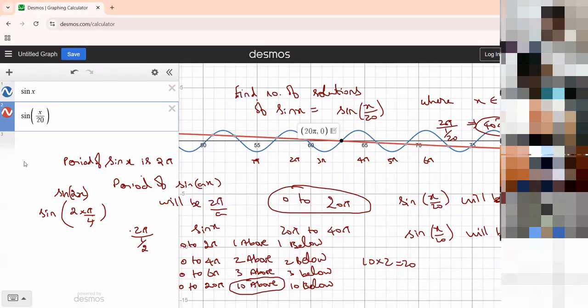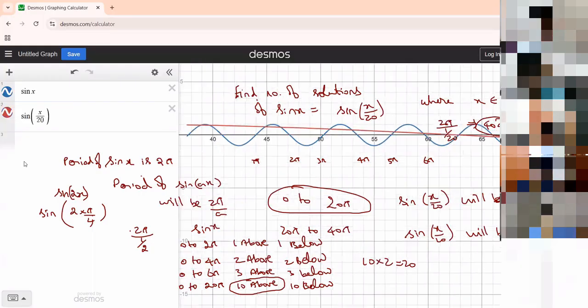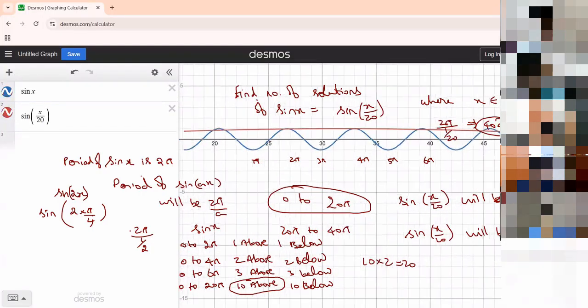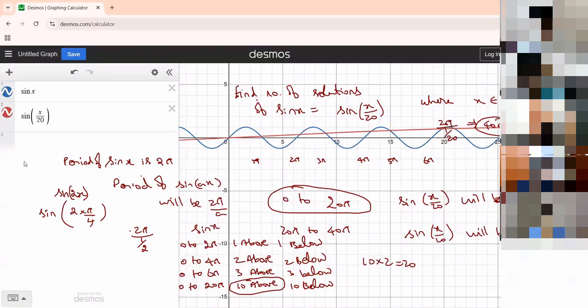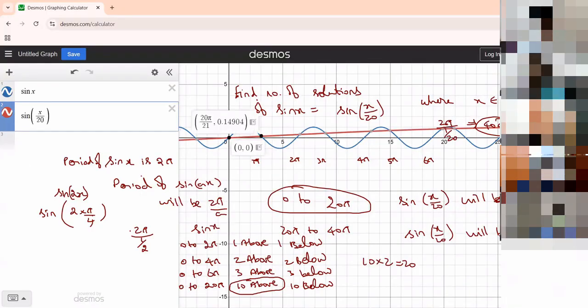It's a duplicate counting because this point of 20 pi, if you're going to count it as the upper half counting. But we're not counting it in the upper half because we count 0 for the upper half. You are counting 0, right? In that cycle of 0 to 2 pi, you are counting this point.